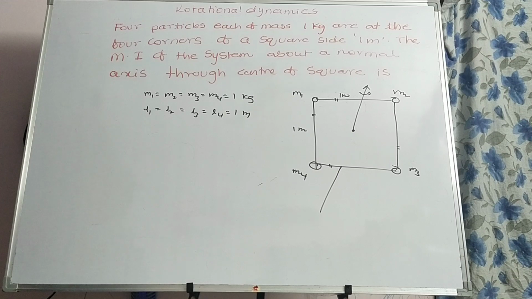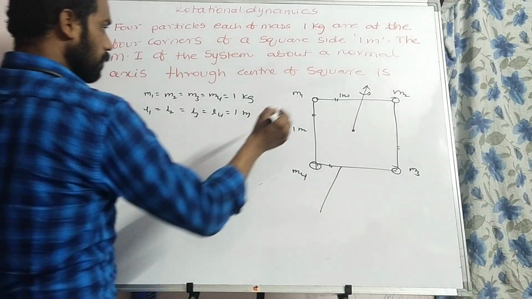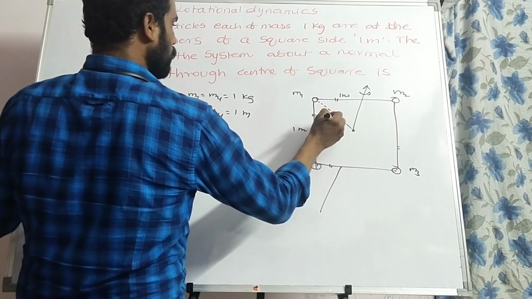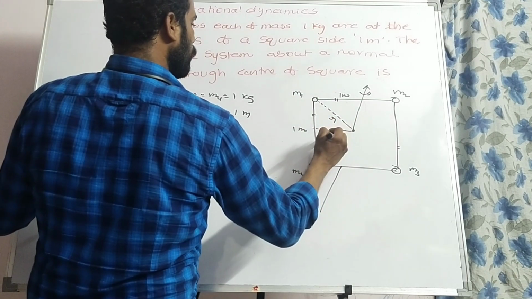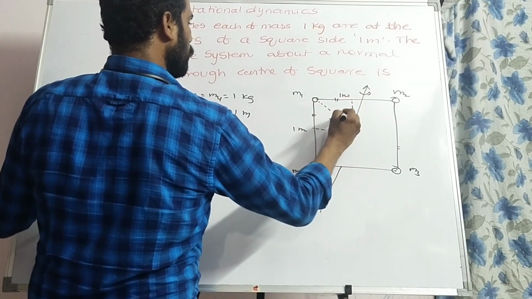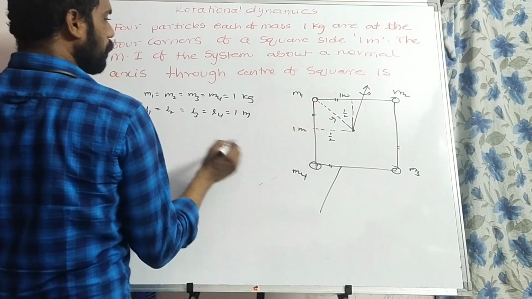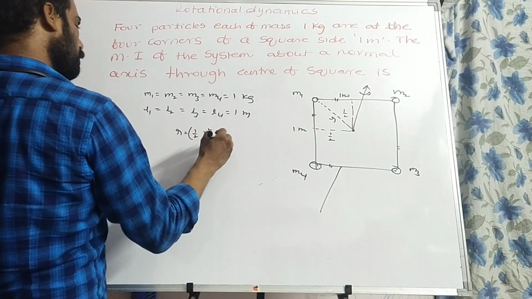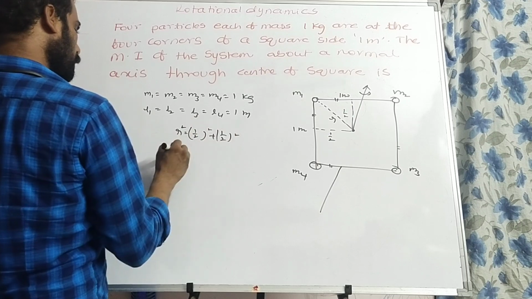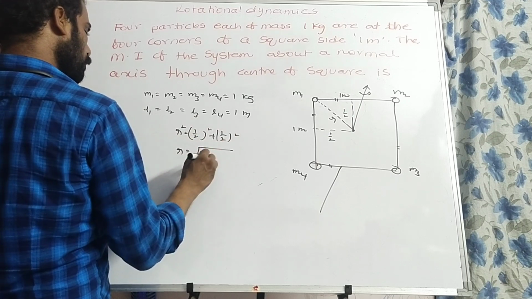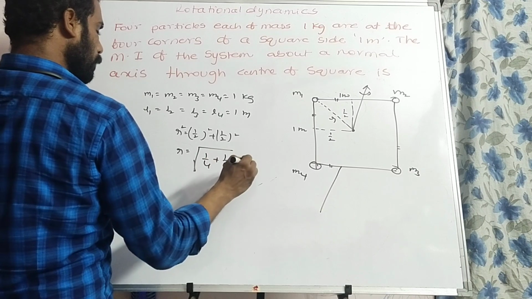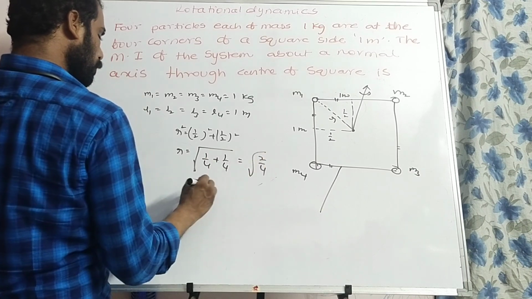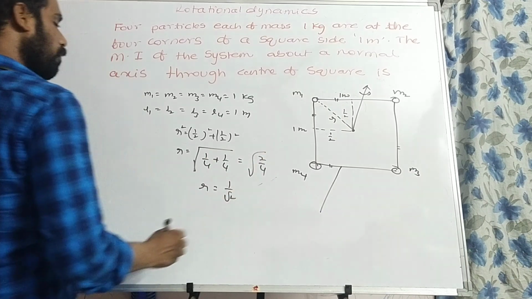So the moment of inertia of the system about the normal axis through the center of the square is. So we have to find the distance here. Okay, so this is half, this is half. So r is equal to root of 1 by 2 square plus 1 by 2 square. R equal to root of 1 by 4 plus 1 by 4, root of 2 by 4. R is equal to 1 by root 2.